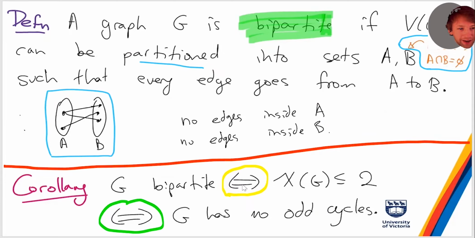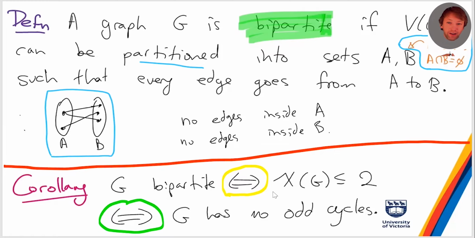There's an answer to this question about bipartiteness. The A and B are kind of the colors. Going one direction, if G is bipartite, the vertices can be partitioned into A and B, so there's no edge inside of A and no edge inside of B. I could say everybody in A gets red and everybody in B gets blue, and that's a proper two coloring because every edge will have a red endpoint and a blue endpoint.